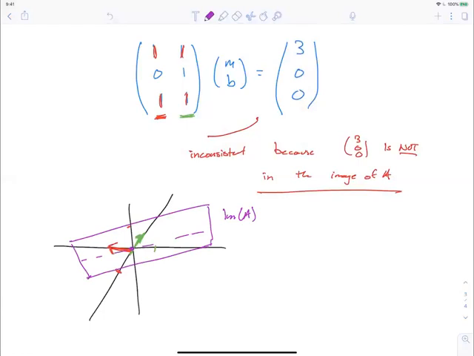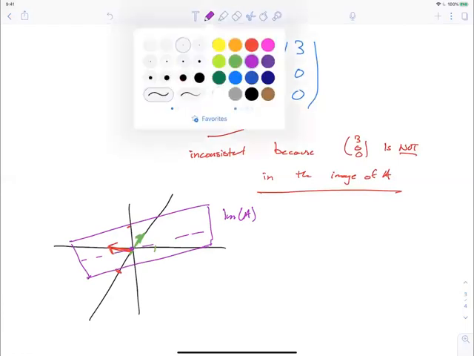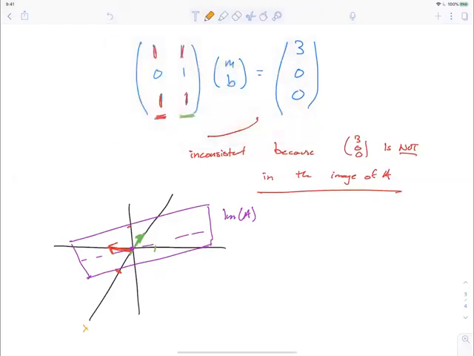And in some sense, the problem of finding the best fit is saying, what's the vector in the image of A that best approximates that vector? So we want 300. Where's 300? This is the x-axis, so 300 is all the way out here. How do we best approximate 300 as a combination of these two vectors? What's the closest thing we can get to 300?